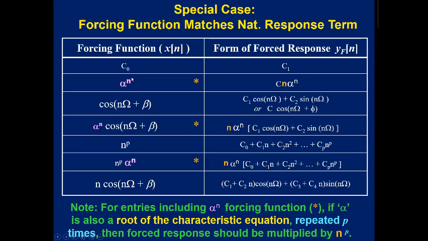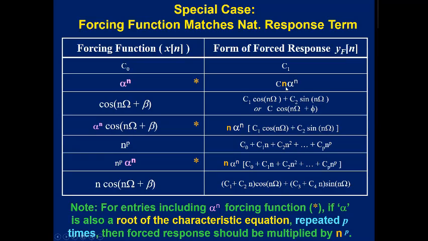If I had a real exponential input, we would normally say that the form of the forced response should be some unknown coefficient, c times alpha to the n. But if we have a case where this alpha matches one of the terms in the natural response, I have to add an n into the system.